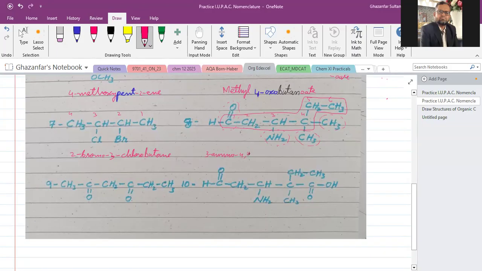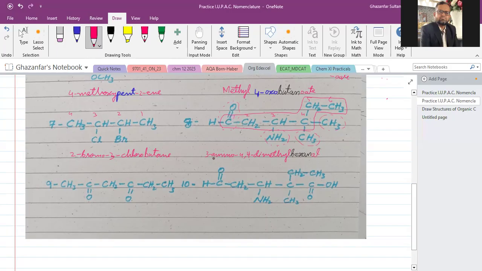4,4-dimethyl, and then we write the name of the basic chain, that is hex, and all the carbon-carbon bonds in the chain are single. So we write ane, omit the last E of the ane, and use the suffix of the aldehyde, that is al.